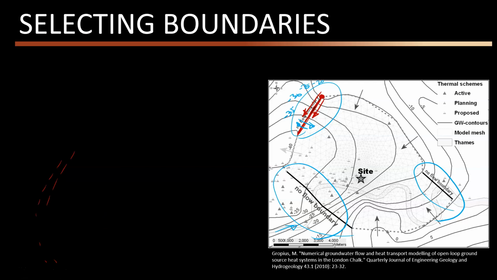Similarly here, if you look at the streamlines, based on the hydraulic head, the streamline is either this way or that way, but the water does not move in this direction.